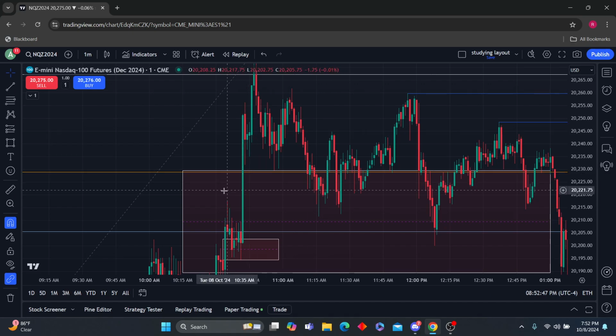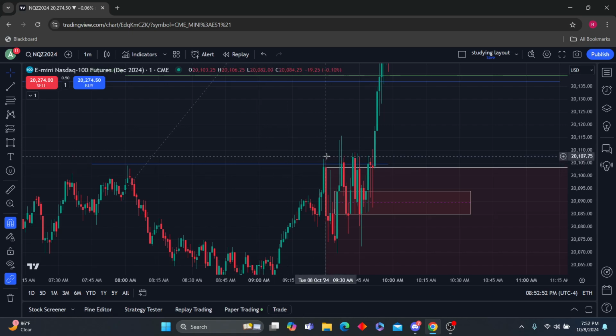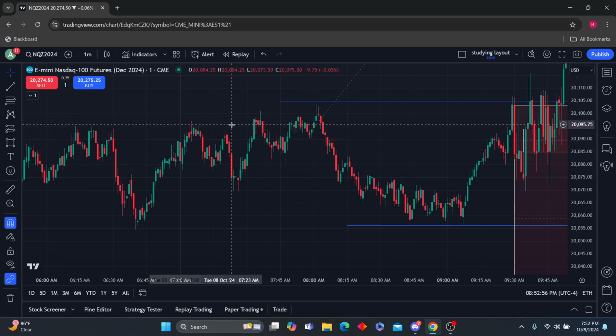Does it close, like say for example, up here? Closes above, not with a lot of candle movement. Boom. Closes above, but not with a lot of candle movement. If it goes lower, I want to see it go lower.